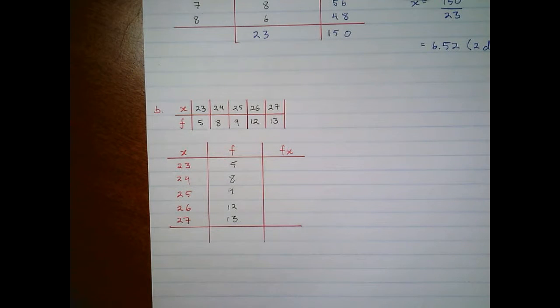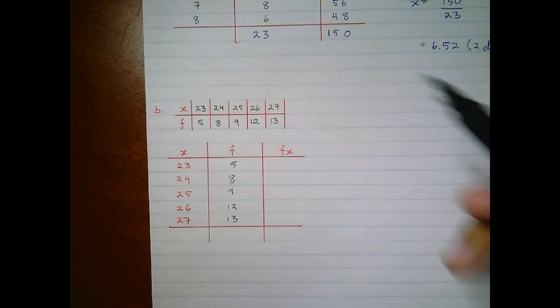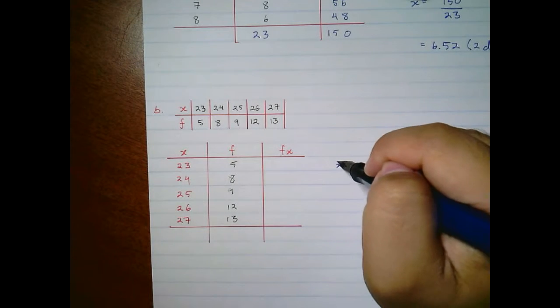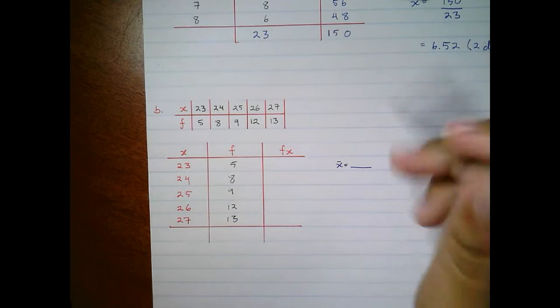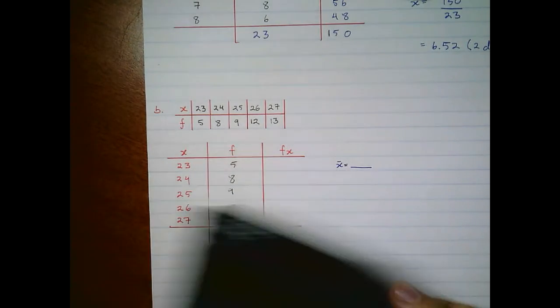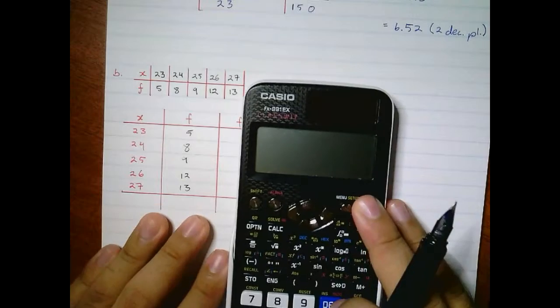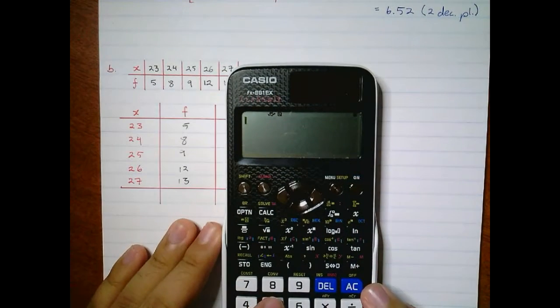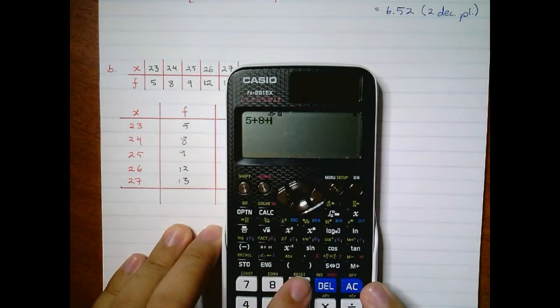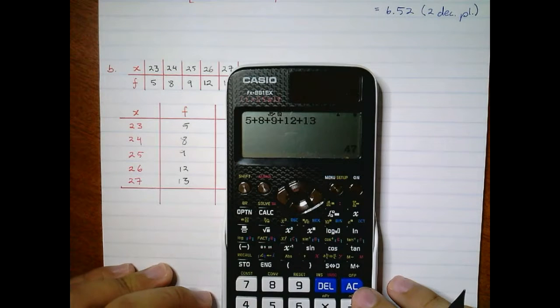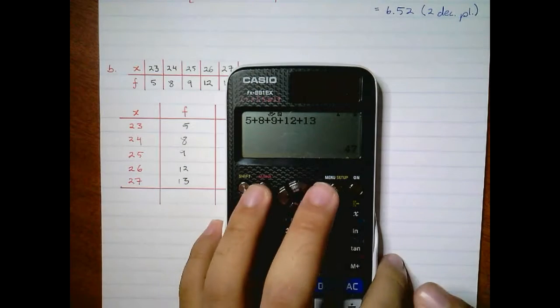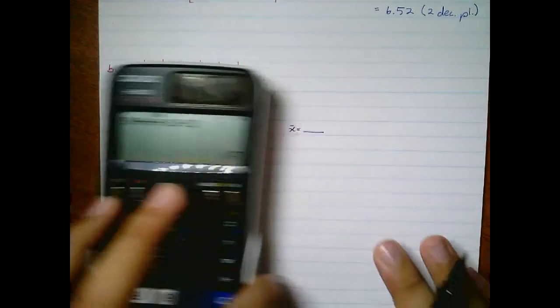And we'll first go ahead and calculate, since we're going to be calculating the mean, I'd like to get this number first, the number of scores. So we'll go ahead and calculate that now. That will give us 5 plus 8 plus 9 plus 12 plus 13. So we have 47, 5, 8, 9. Yes, good. That is 47 scores.